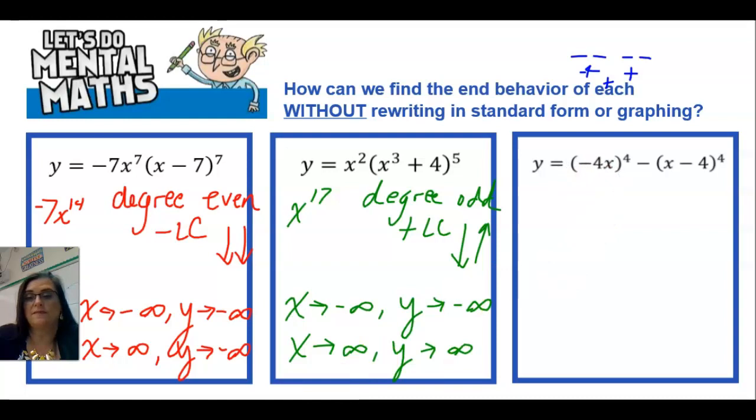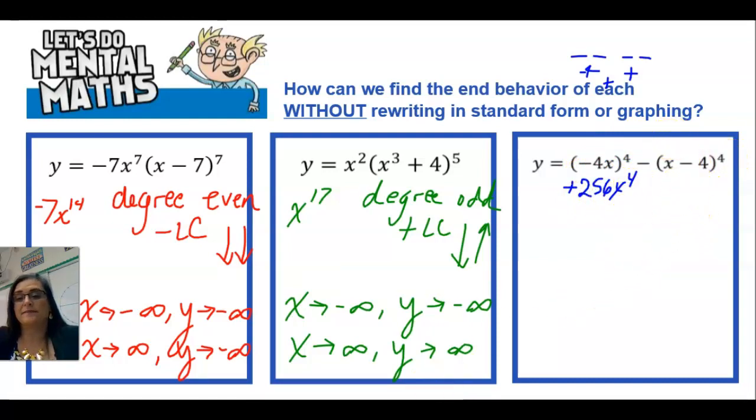And then the 4 to the 4th power is equal to 256, and then my x to the 4th power will follow. Okay, so negative 4x, that quantity to the 4th power, is a positive 256 x to the 4th.